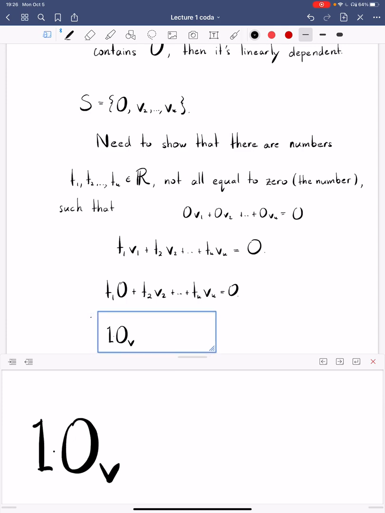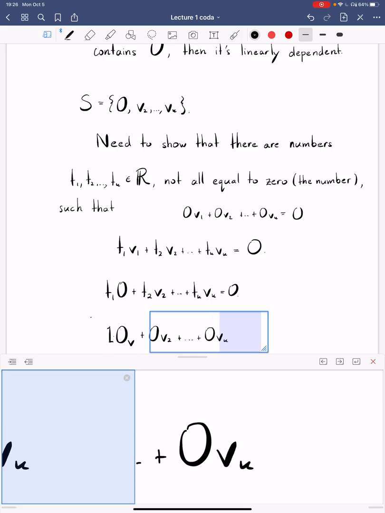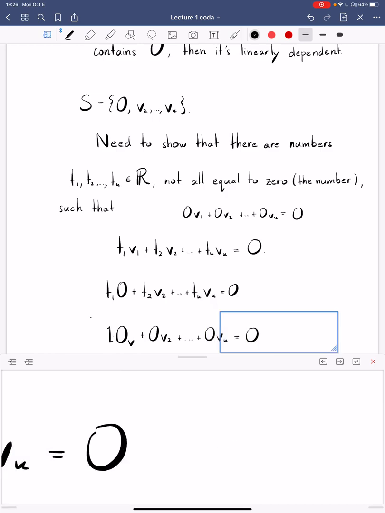All right, and then what to do about the remaining terms in this sum, t2 v2 up to tk vk? Well, why don't I just set t2, t3, all the way up to tk to be the number 0? And I want this to be equal to the 0 vector. Is that true?